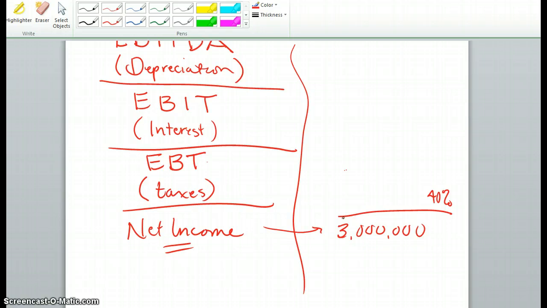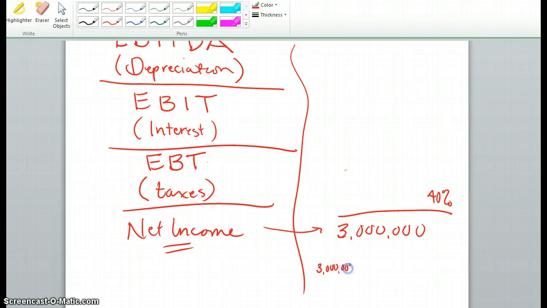Oh dear, earnings before taxes, I would take net income, 3 million.